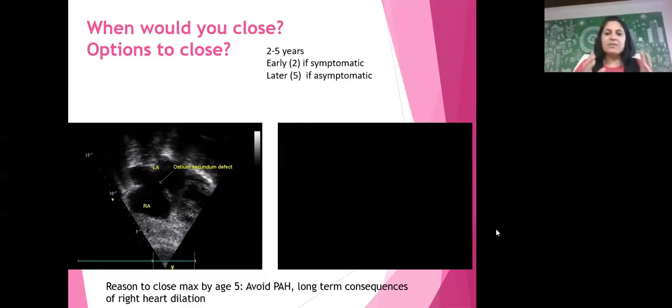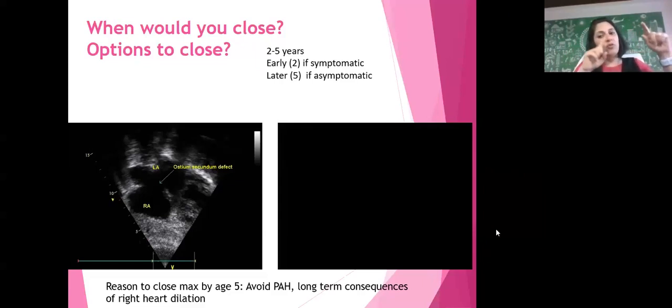This heart that was dilated for a long time, even if you operate now, say at 12 or 15 years, he had 15 years of his myocardium being stretched. 15 years of his heart was under load. So it is never a normal heart.